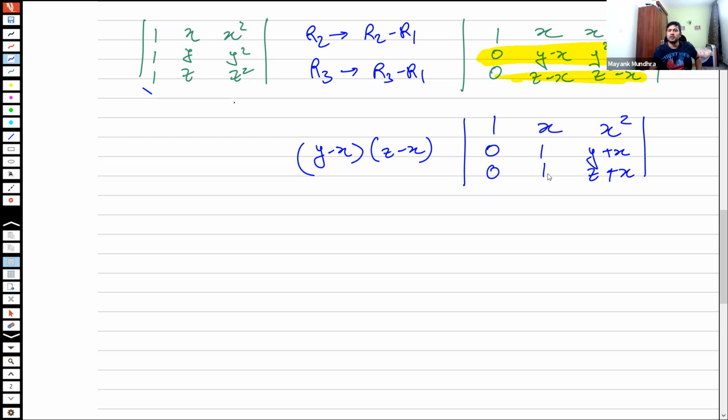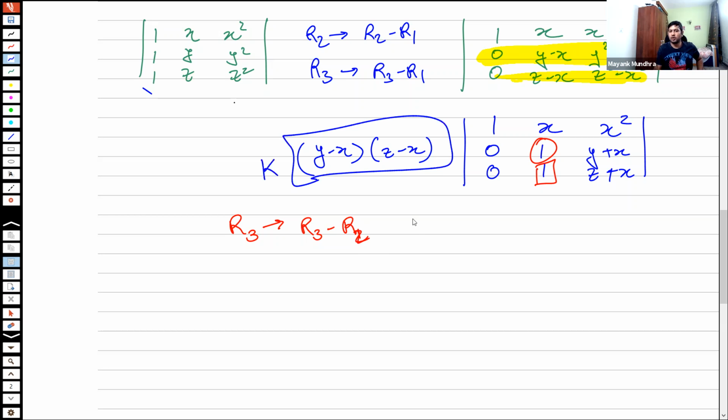Now the next step would be to make this thing the pivot and subtract with respect to it. So I'll pivot this row and make this thing 0. The row operation will be row 3 goes to row 3 minus row 2. So I have this thing common, let me call it k.